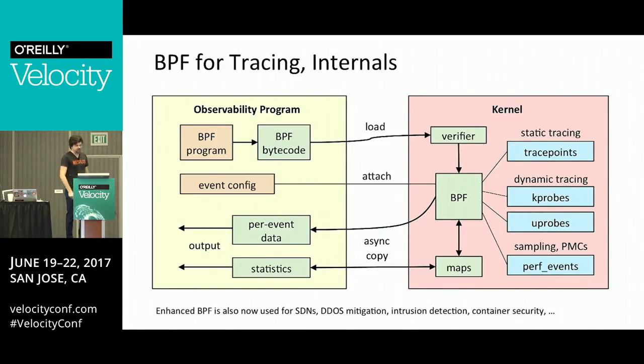I've drawn a diagram of the internals, and this is how we're using it for tracing. But of course, eBPF can be used for software-defined networking, DDoS mitigation, a number of companies are using it already, intrusion detection, container security. So with BPF, it will attach a program to an event.